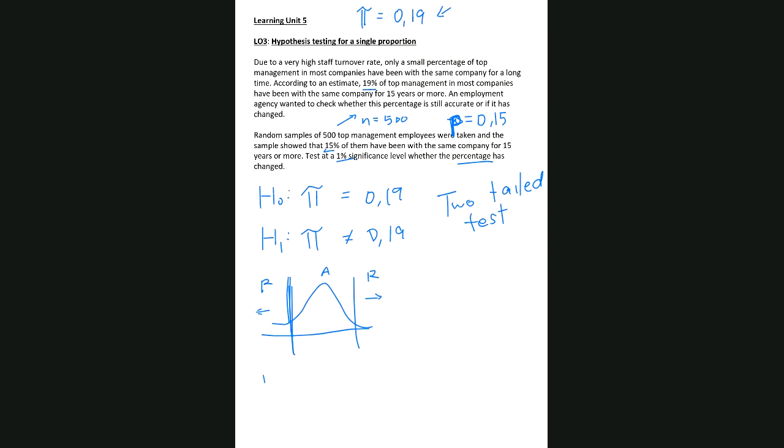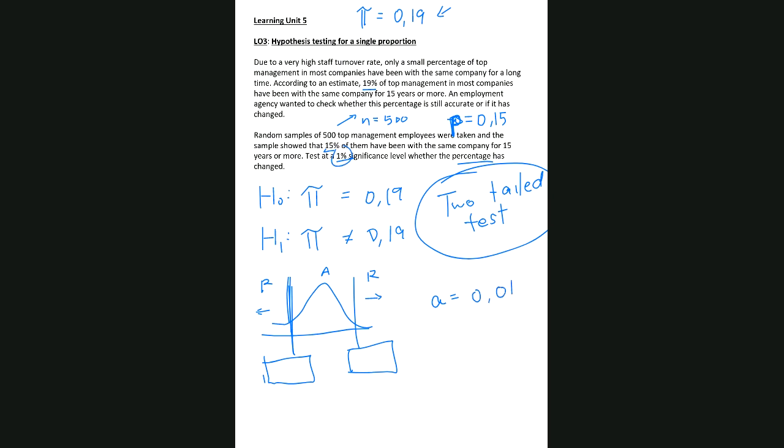So now we need to know what figures go into the critical limit itself. We need to know two things here: what type of test it is, which is a two-tailed test, and the level of significance, which in this case I said to you was 1%, which as a decimal is 0.01.